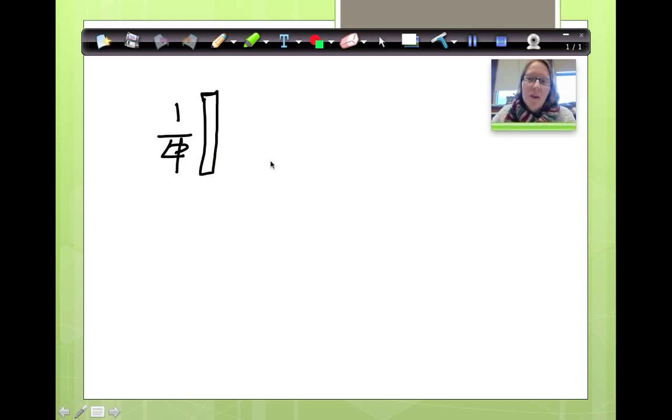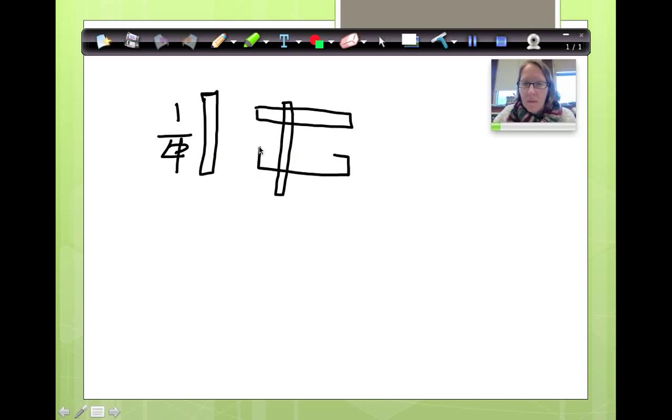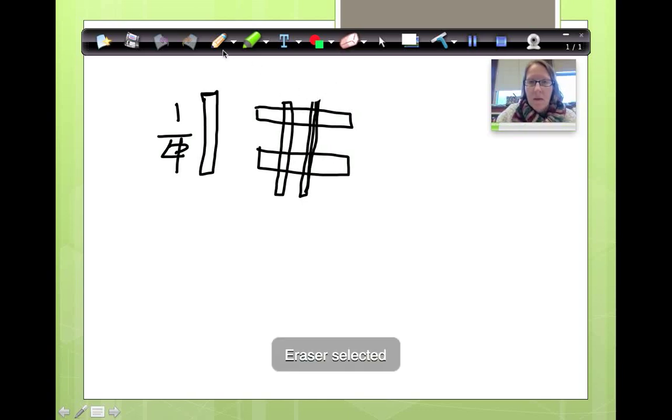I'm going to draw a picture. You tell me if it shows the right things. How many would I need to make a whole? Whoops, besides the fact that that rectangle is a little off.